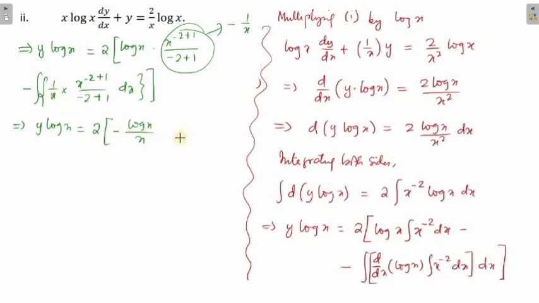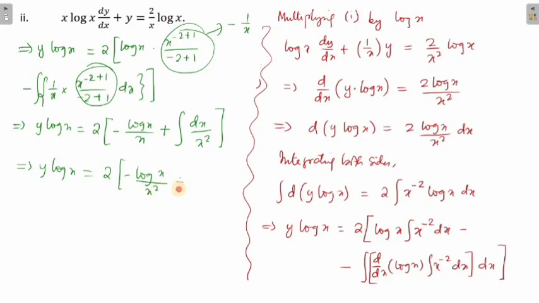Similarly you get minus integral of, this much is also minus 1 by x, so bring this minus outside, so it becomes plus, dx, and 1 by x into 1 by x is x square. So that's what we are going to have here. Let's simplify this also at the same time. y log x is 2 minus log x by x plus this can be written as x to the power minus 2 dx, isn't it? x to the power minus 2 dx.